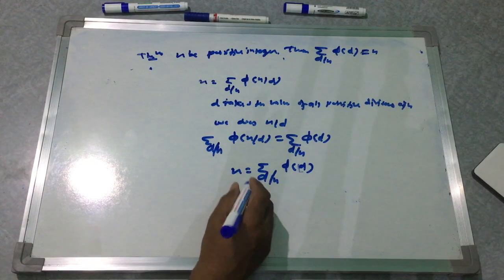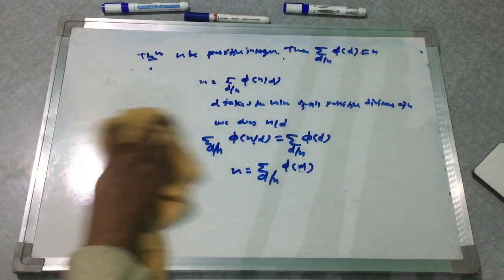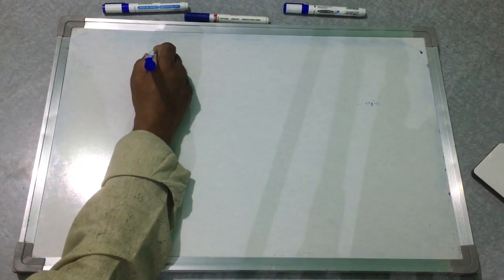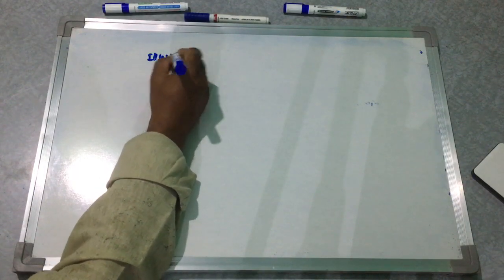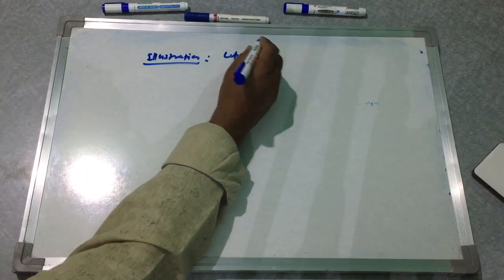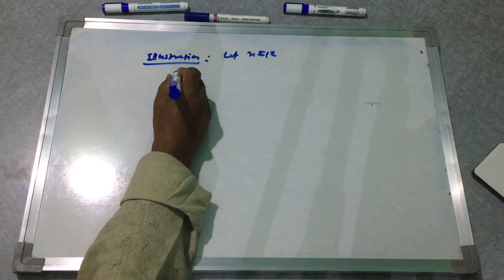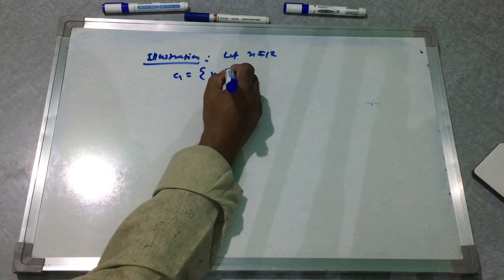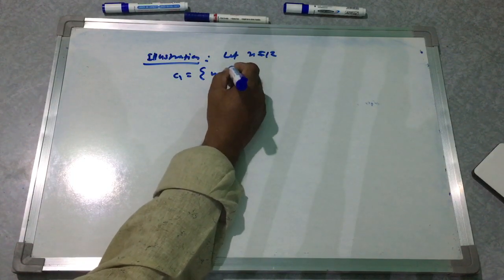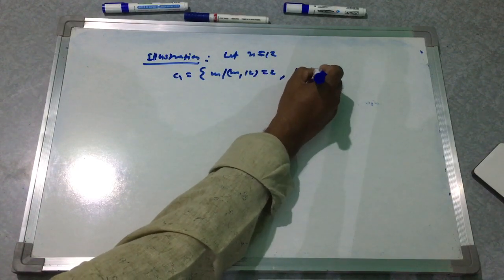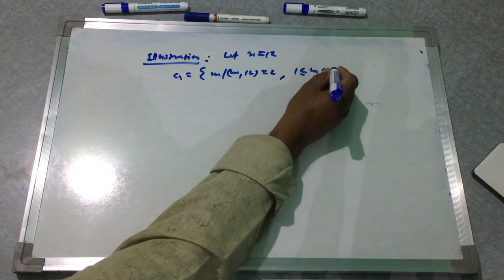So we have this, the illustration. Suppose let n is equal to 12, then C1 is the set of m such that gcd(m, 12) is equal to 1, where m lies between 1 and 12.